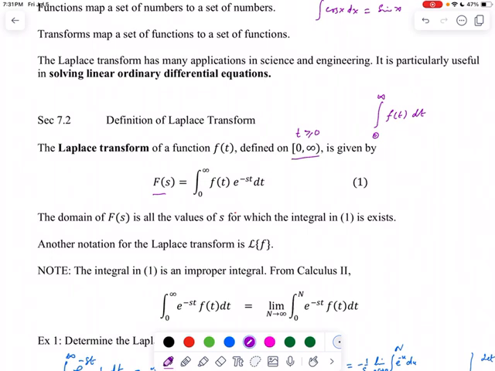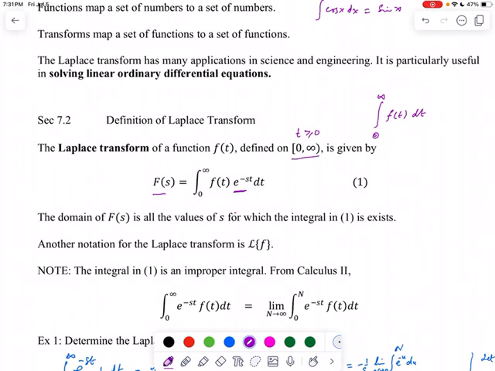But here, this extra function e to the minus st is there, and that is what differentiates the Laplace transform from other integral transforms.